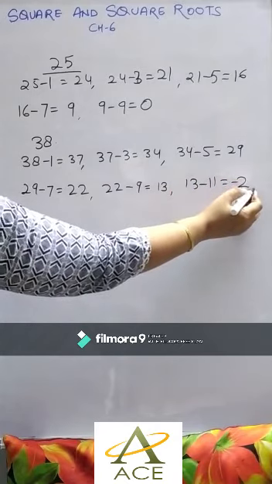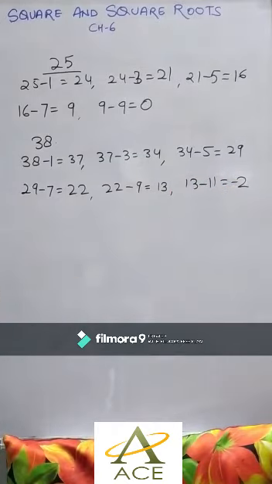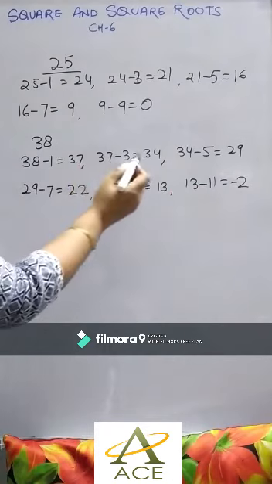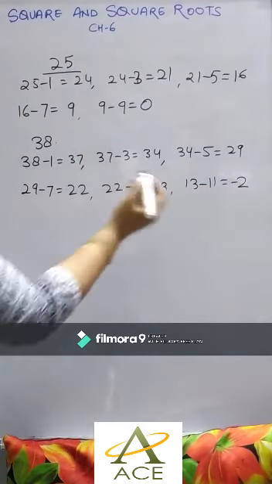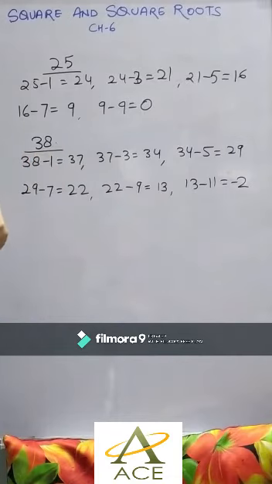We are getting a negative number. That means we are not able to subtract the odd numbers from it. We have not get 0. That means 38 is not a perfect square.